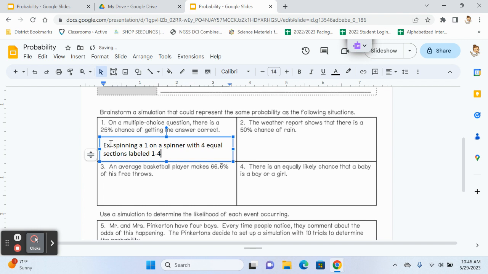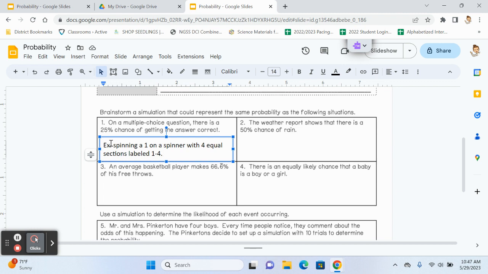So that's my quarters, right? Section 1 is a quarter, section 2 is a quarter, section 3 is a quarter, and section 4 is a quarter. And the probability of me spinning a 1 would be a 1 out of 4 chance, which we know is the same thing as 25%. So that's one idea. You can come up with your own creative ideas if you'd like as well.